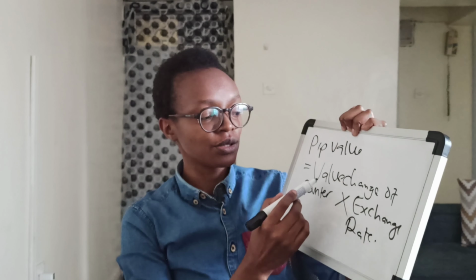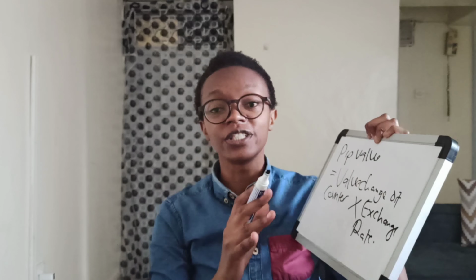Let's break down this formula. We're going to start with the value change of the counter currency. What does that actually mean? Let's first remember that a pip is represented in the 4th decimal place, and in yen-related pairs, it's represented in the 2nd decimal place.